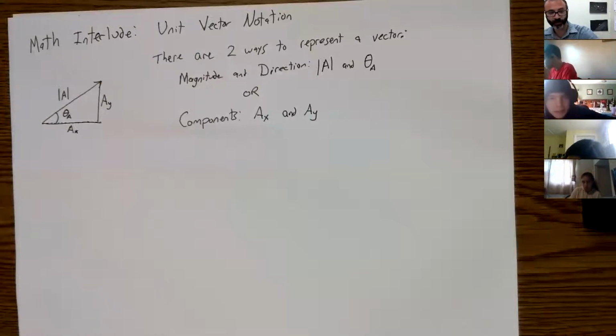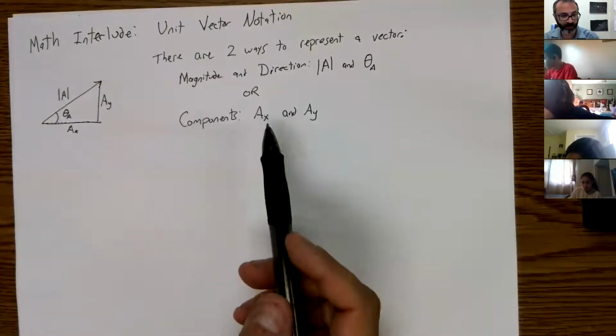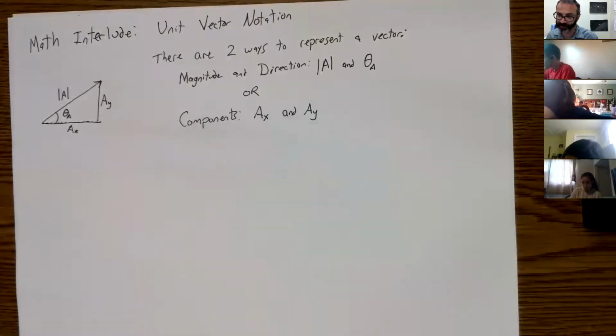If you know the x and y components, then you completely know the vector as well. There's no ambiguity there. You have it fully specified. If you know how far to the left or right the vector points and how far up or down the vector points, that's all you need to know.